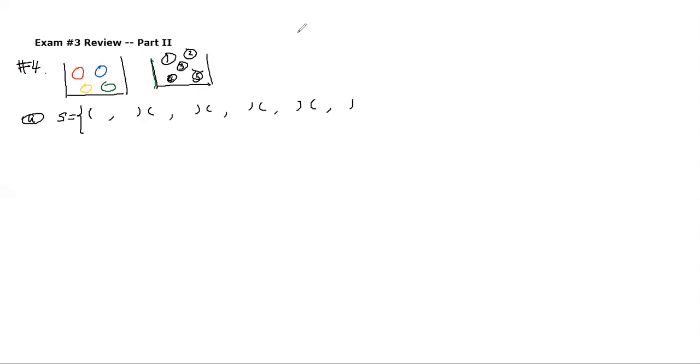For the first draw, I can get a red ball. So I can have red, red, red, red, red, and then the second is a number. After I draw a red ball, I could have 1, 2, 3, 4, 5.